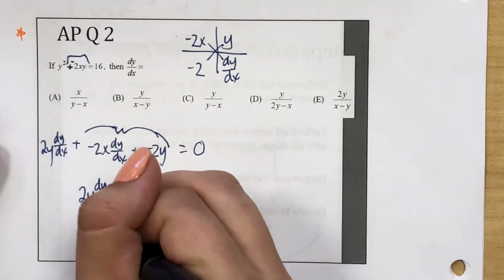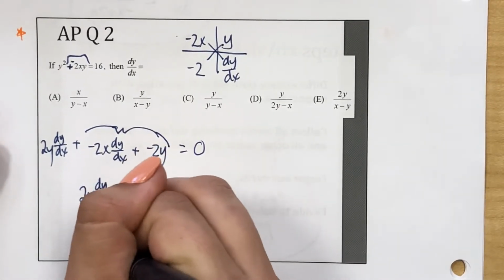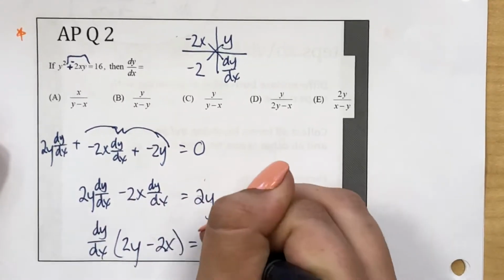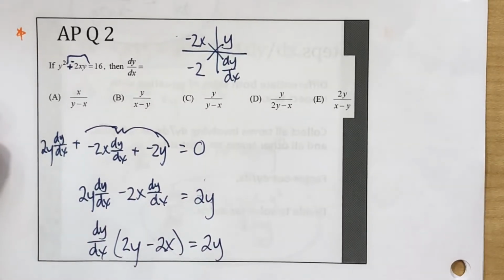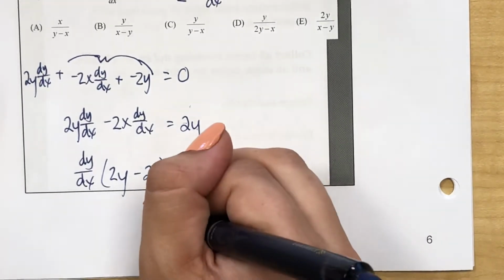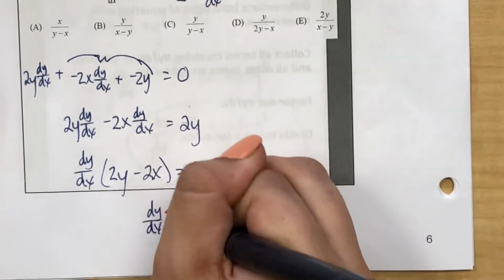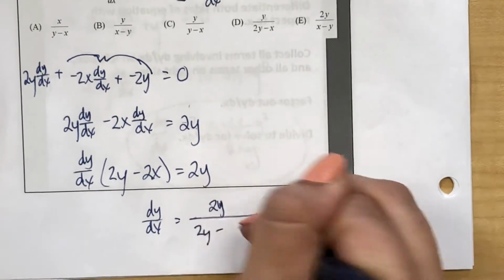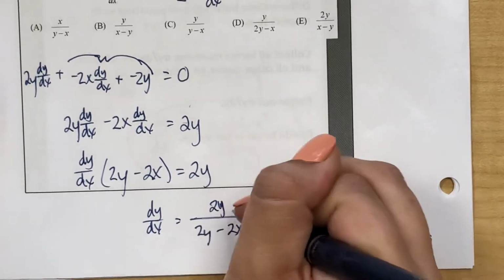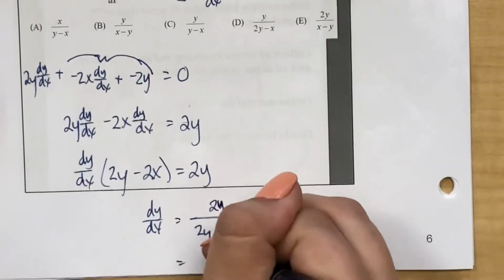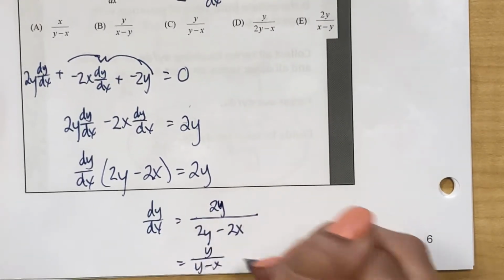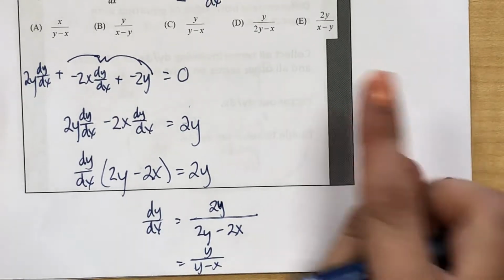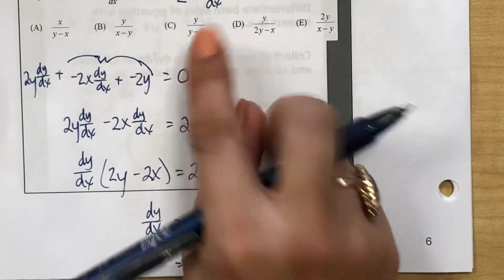I guess I'll just do that later. dy/dx times 2y minus 2x equals 2y. And then divide to isolate dy/dx. dy/dx equals 2y over 2y minus 2x, which is y over y minus x, which is C.